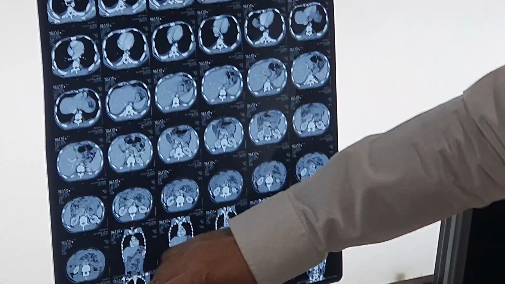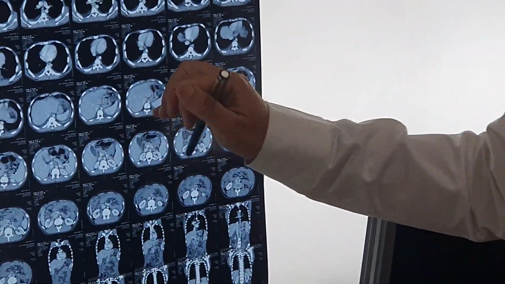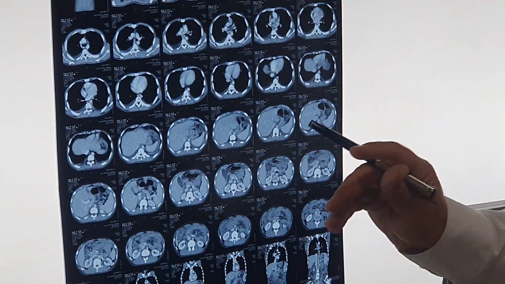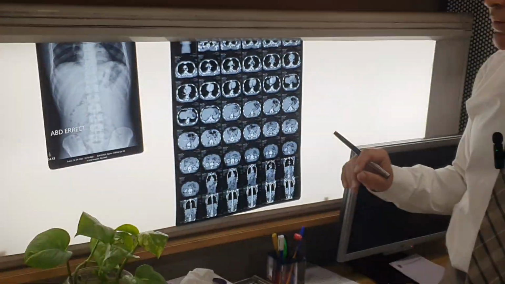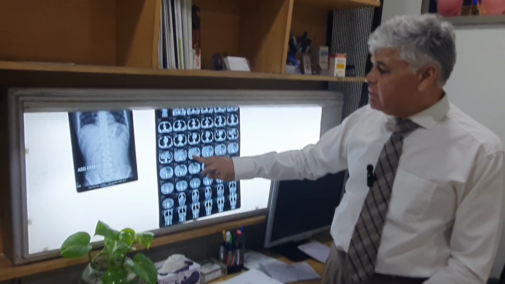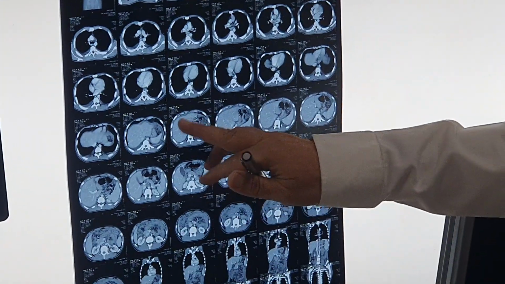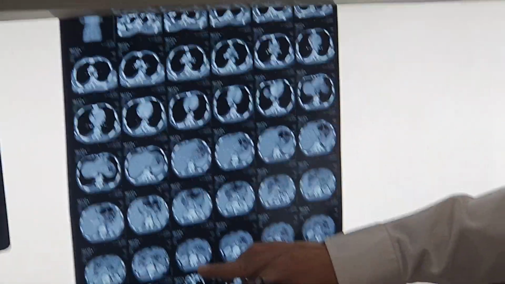And he does not have any ascites either, which means that there isn't any acute or chronic inflammatory process going on inside the abdomen. The liver is all right. I don't see any mets or any abscesses in the liver, and the kidneys are fine.